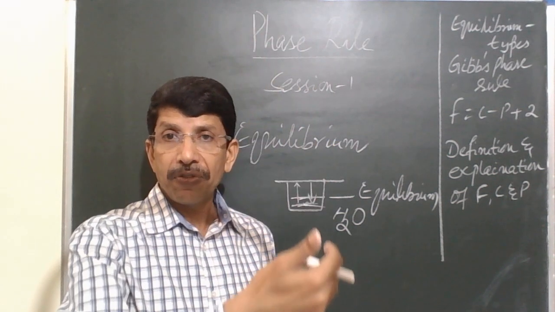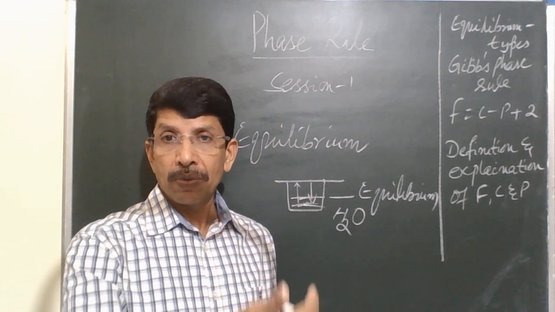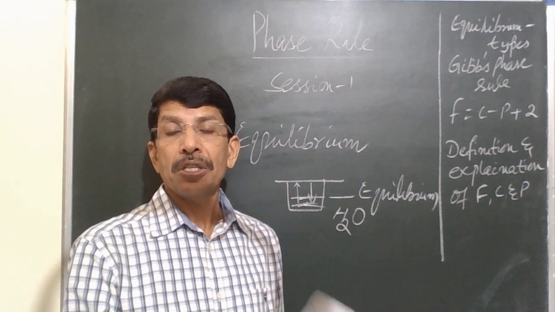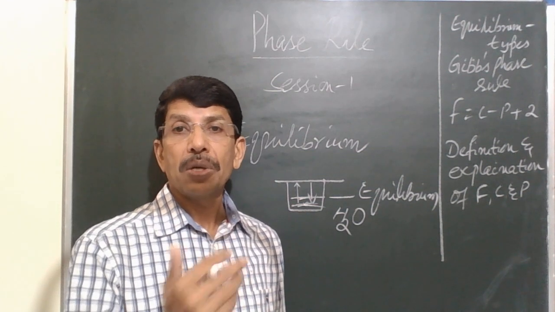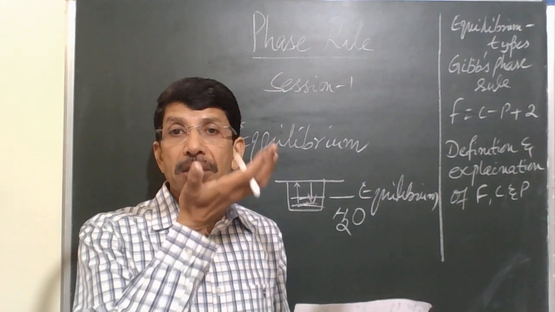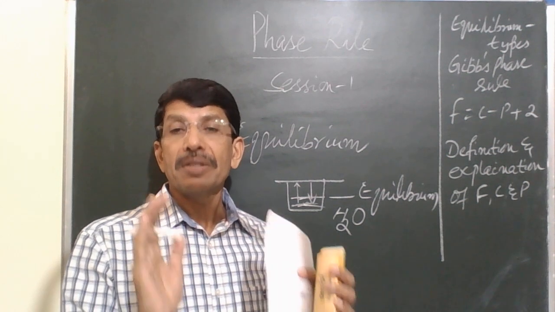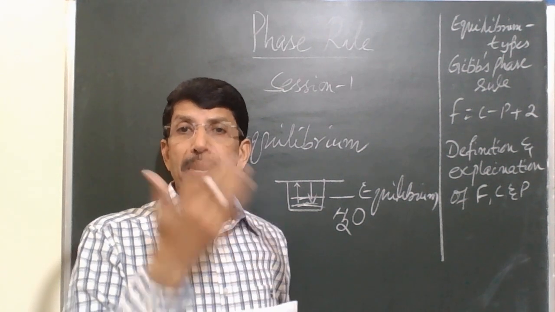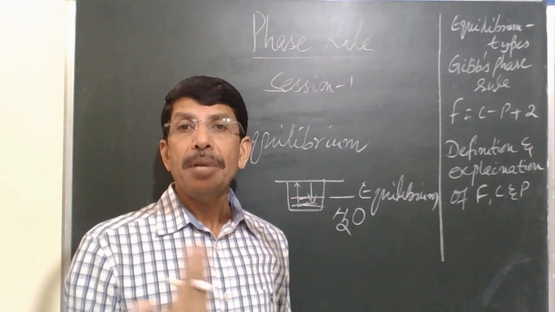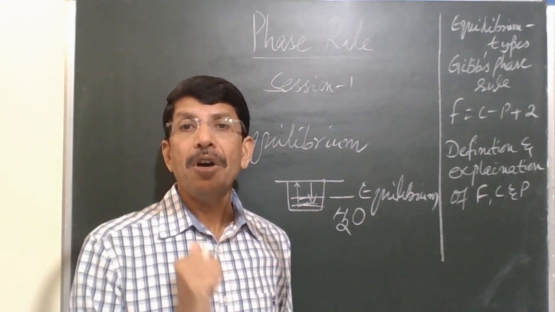After some time the rate of condensation starts, and the quantity of vapor starts decreasing, until a state is reached at which the rate of evaporation is equal to the rate of condensation. Then the quantities of water in the vapor state and in the liquid state remain the same, and any property of liquid water you measure in the equilibrium state will show no change with time. So that is the meaning of equilibrium state.